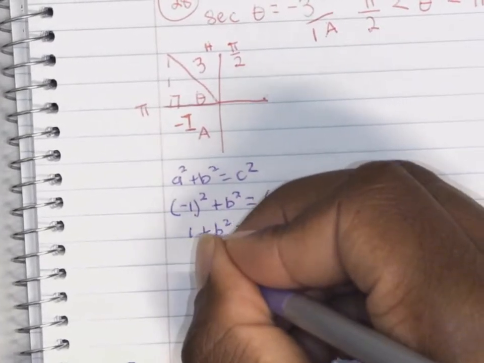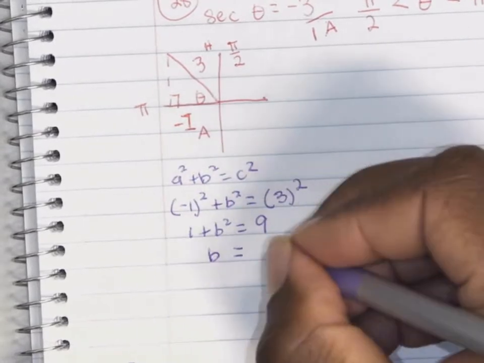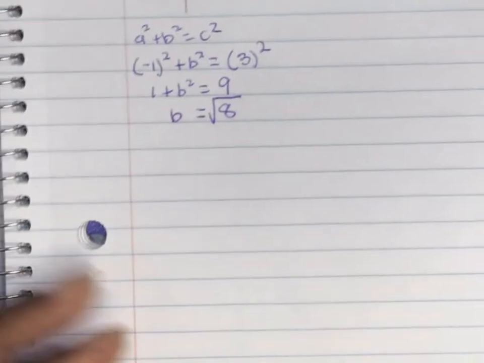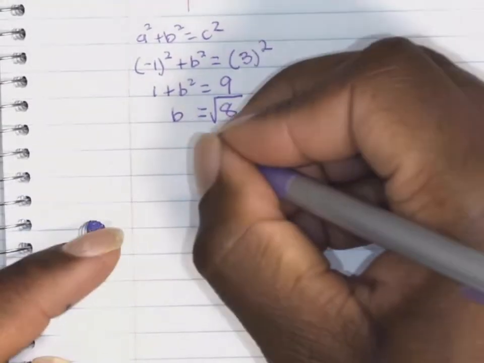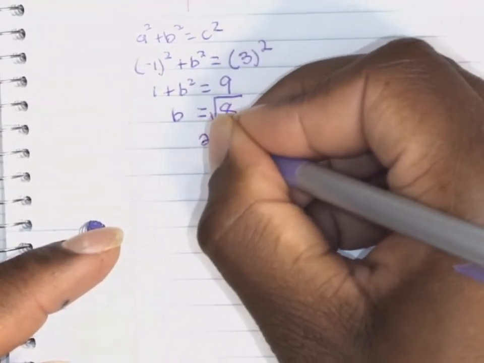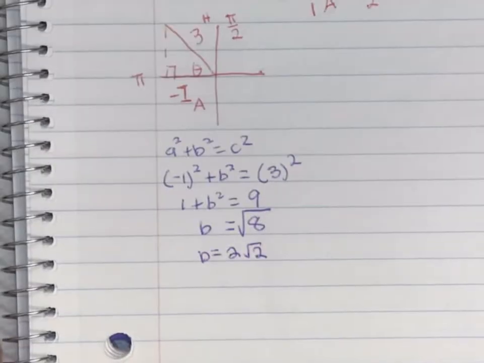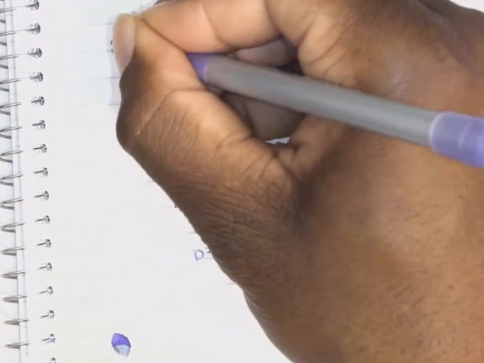If I subtract 1 from each side, I'd get 8, and then I do the square root of that. This reduces to 2√2. All right, so that's this missing side, 2√2.